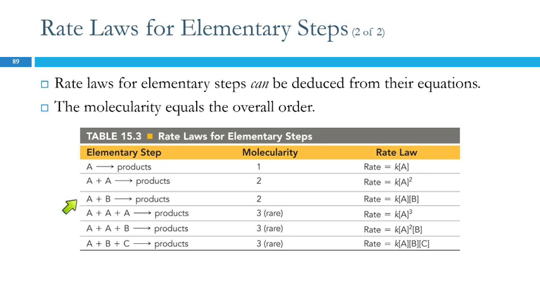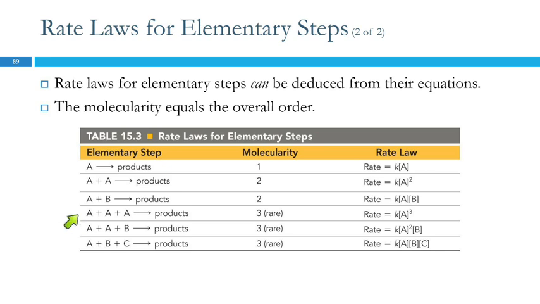Or here's another bimolecular, A and B. Here the rate is equal to a rate constant times [A] times [B]. So both of these would be second order reactions, right? They are both bimolecular elementary steps.